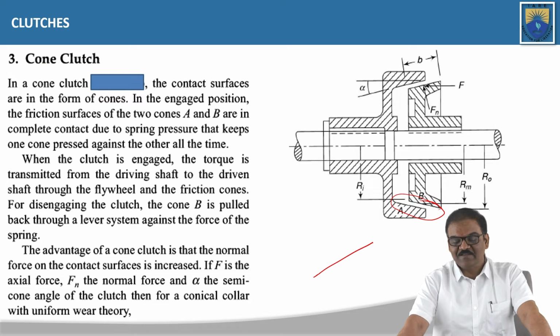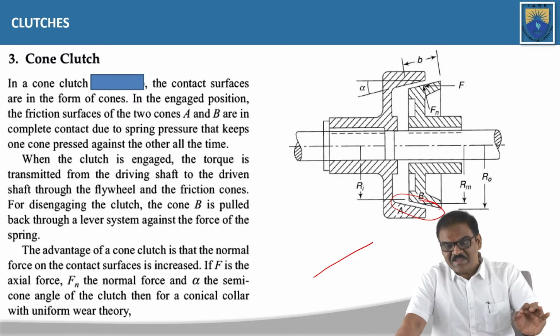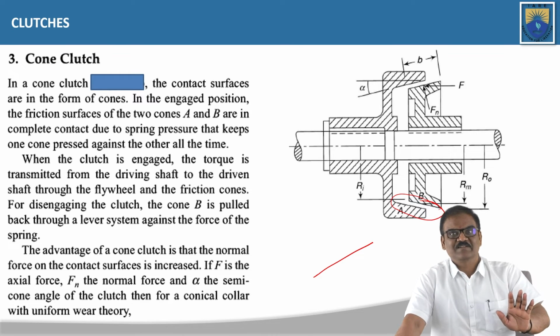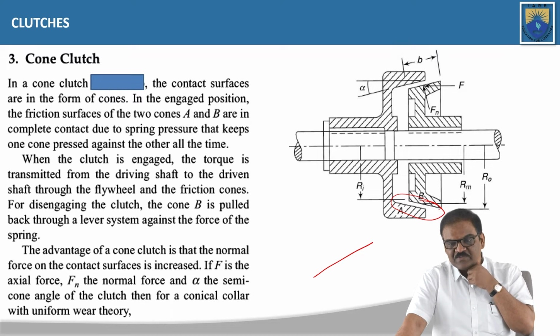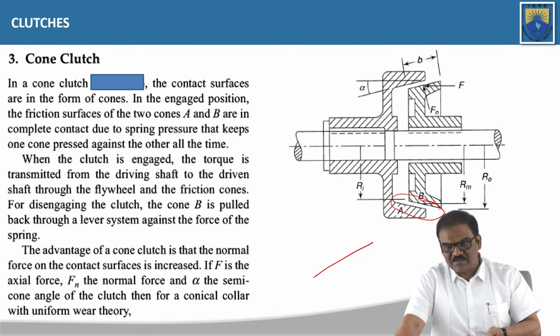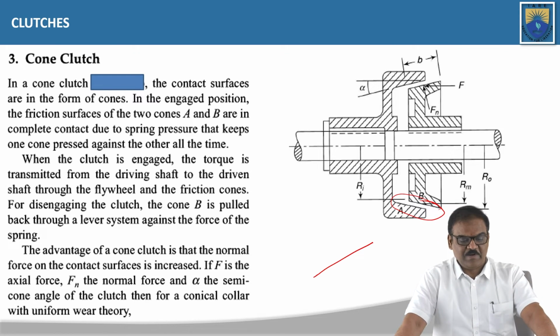Therefore, the axial force will be improved to a great extent by having the cone clutch, and power transmission is improved for the same given design space. Therefore, even in the power transmission, we go with the V-belts and cone clutches, which will provide better and higher contact surfaces, which will have more power transmission capability.